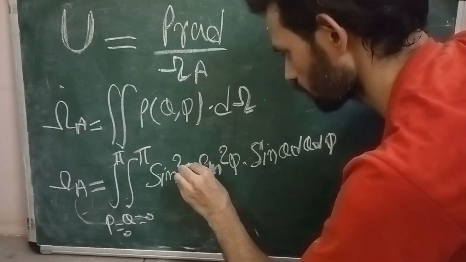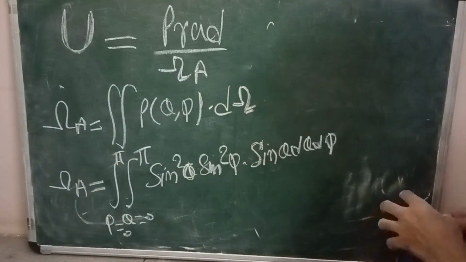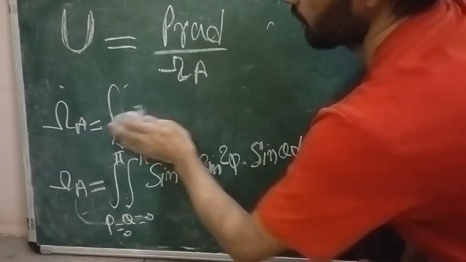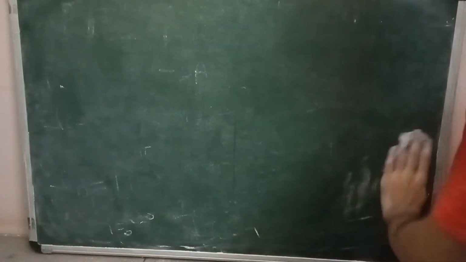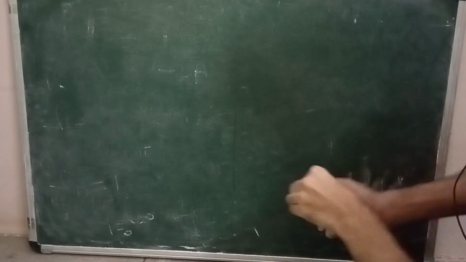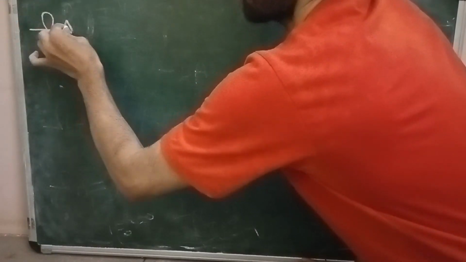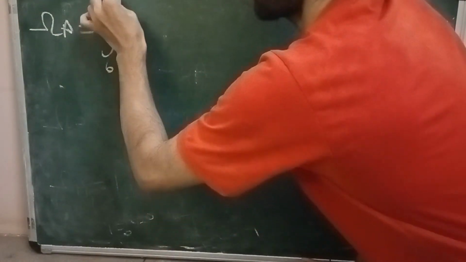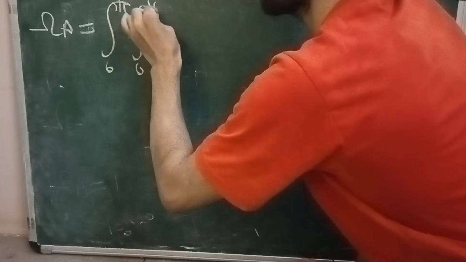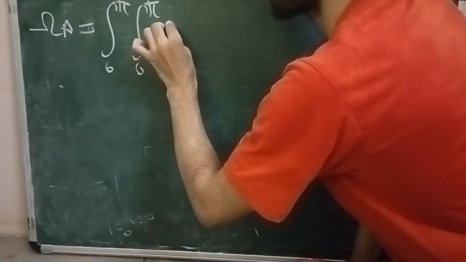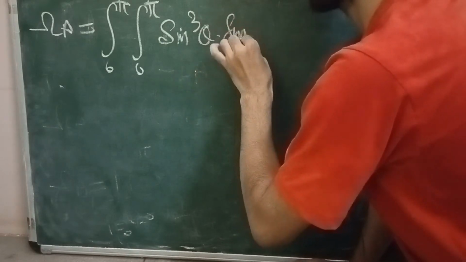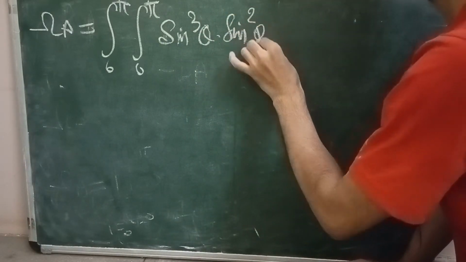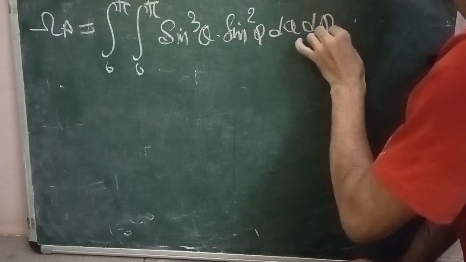Now we have to solve this. Let us solve the solid angle, with limits 0 to π. This becomes sine cube θ sine square φ dθ dφ.